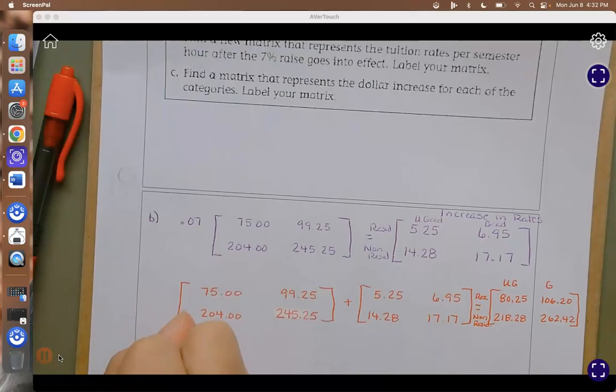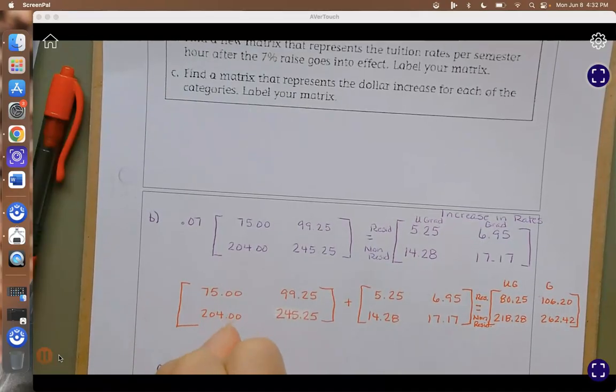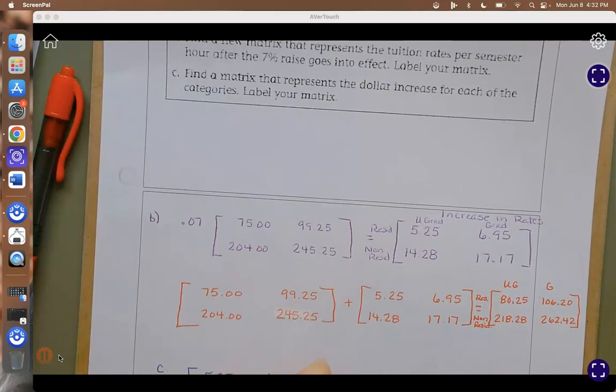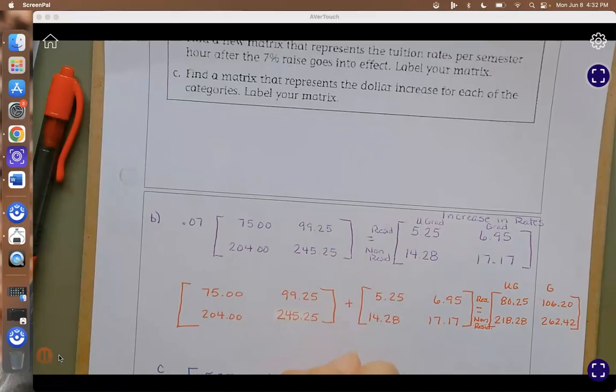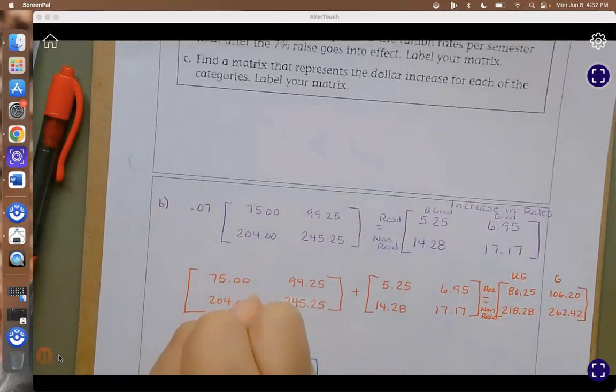So that's the thing we found just a few minutes ago. So that won't be hard. So the 5.25, the 6.95, 14.28, and the 17.17. And again, this is undergrad, grad, resident, non-resident.